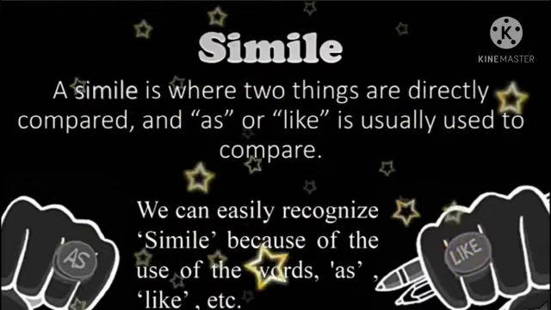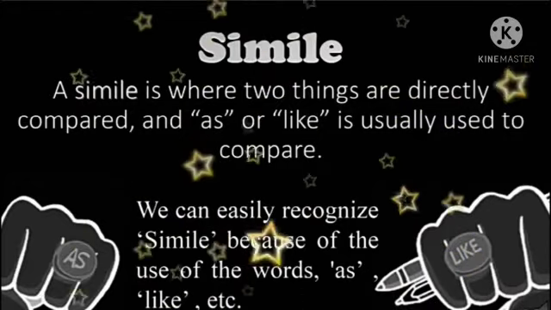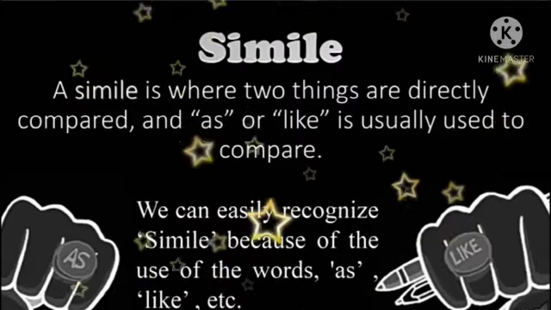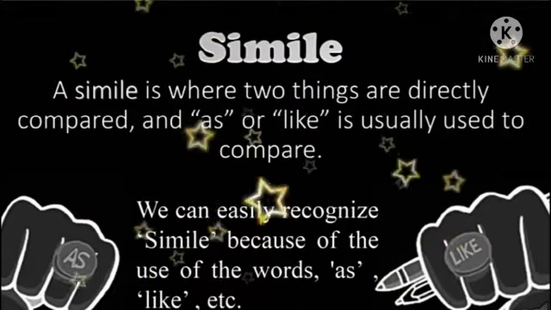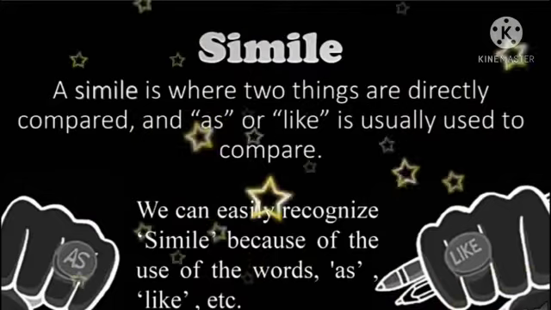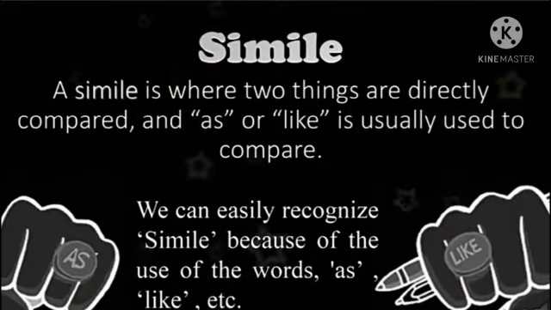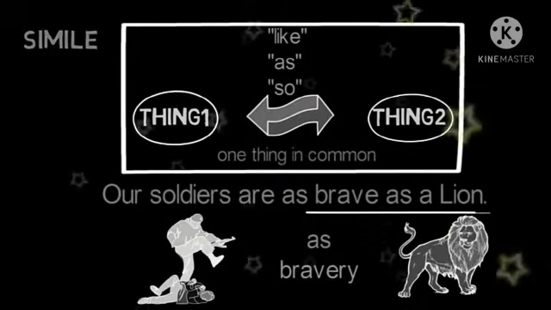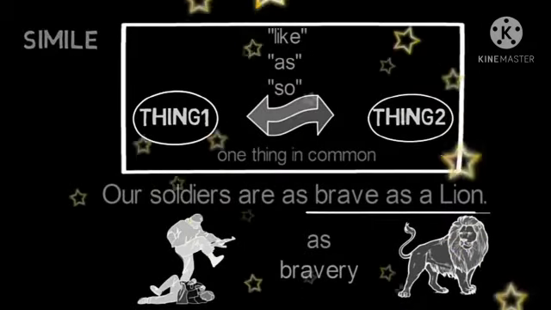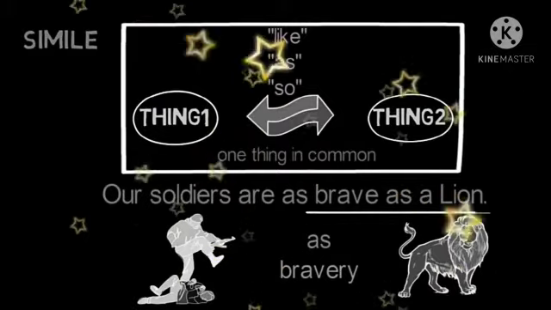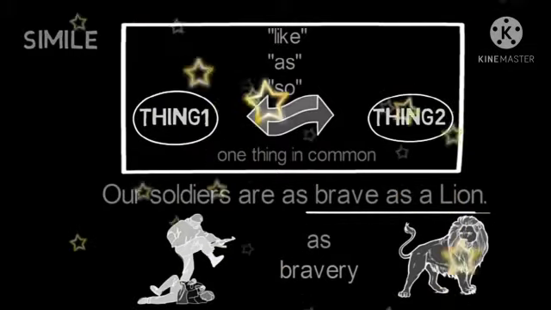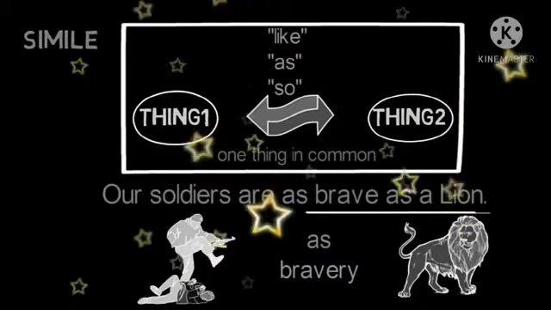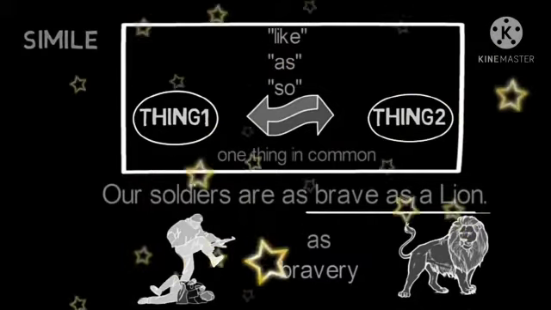In short, an explicit comparison is made between two unlike objects which have at least one aspect in common. And we are using words such as like, as, and so, which are used to make the comparison. For example, our soldiers are as brave as a lion.